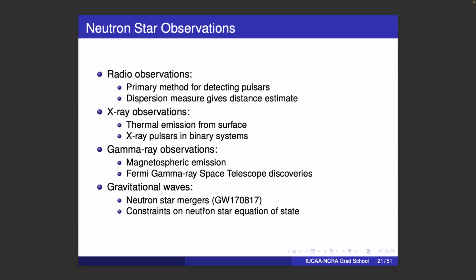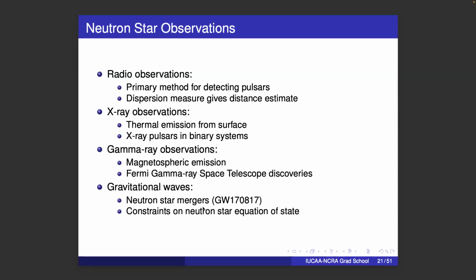What happens is, because of dispersion, the arrival time of a pulsar signal is a function of frequency or wavelength. And by measuring the delay in arrivals, one can measure this quantity.